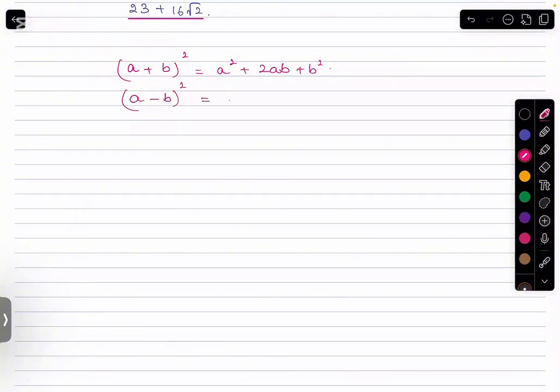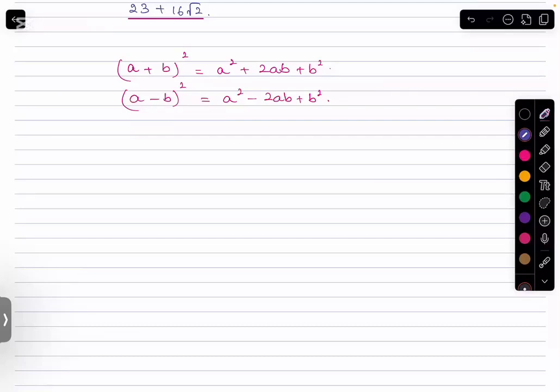A minus b the whole square is going to be a² - 2ab plus b². ठीक है, अब ये दो आइडेंटिटीज, अनदर आइडेंटिटीज दैट वी हैव हियर, पहले हमने किया था आइडेंटिटीज a plus b and a minus b which is equals to a squared minus b squared. Second is a plus b the whole square which is a square plus 2ab plus b squared. And then we have a minus b the whole square which is a square minus 2ab plus b square.